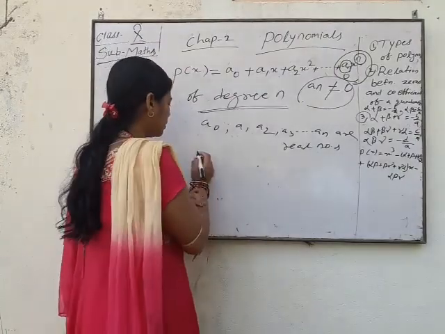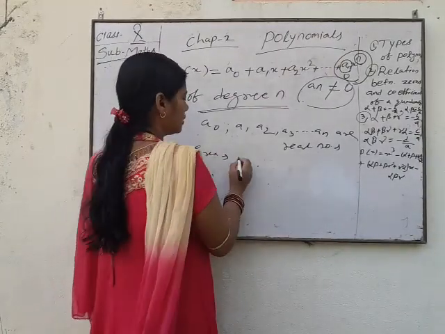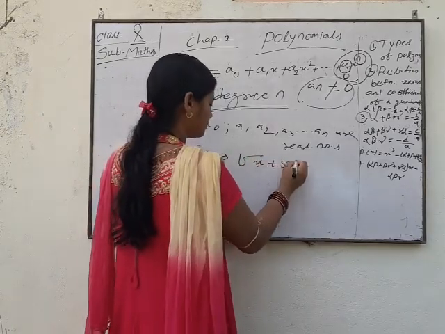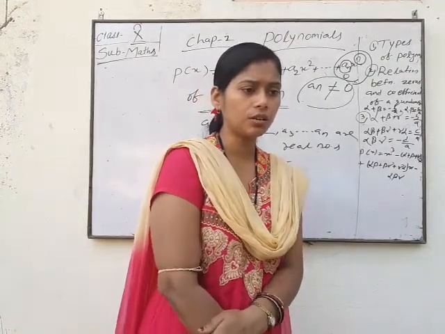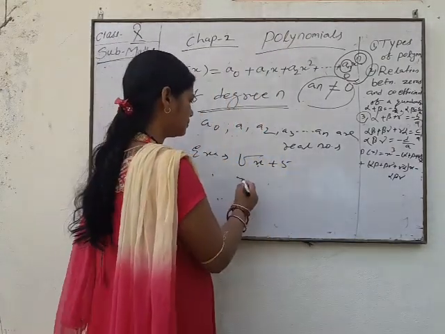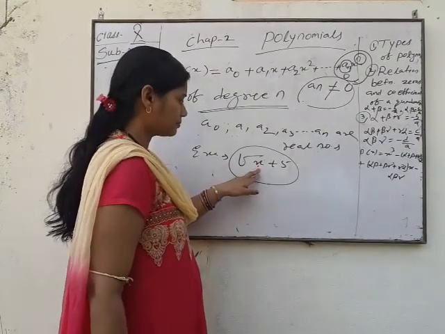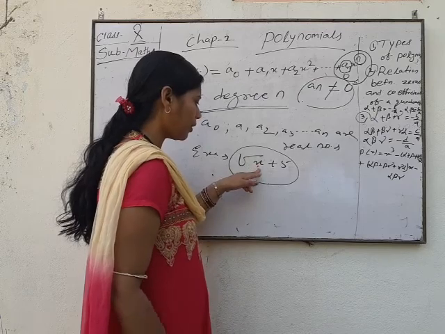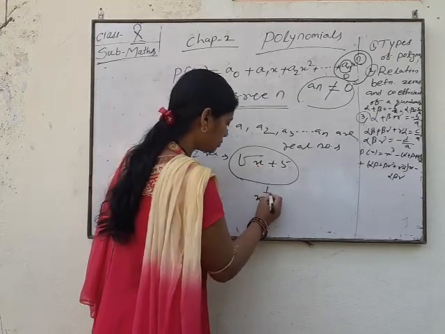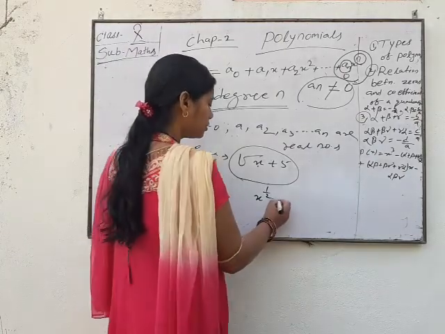Suppose your question is root x plus 5. Is this a polynomial? Root x means the power of x is 1 by 2, so x to the power 1 by 2 plus 5.